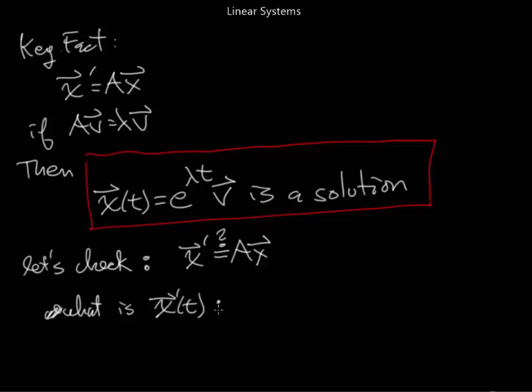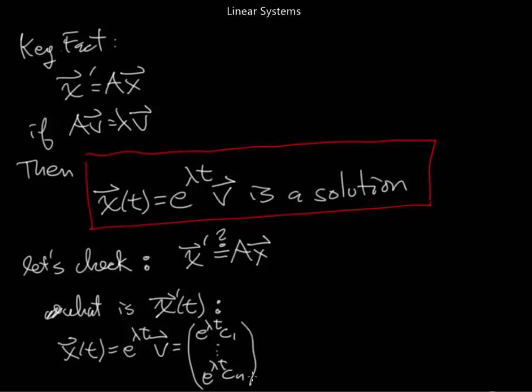So x prime is the derivative of this vector valued function. Let's see. x of t is e to the lambda t times this vector v. So I'll write that out as e to the lambda t times c1 down to e to the lambda t times cn, where c1 through cn are the coordinates of v.